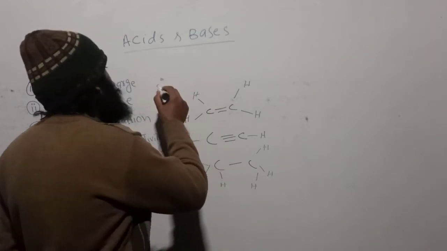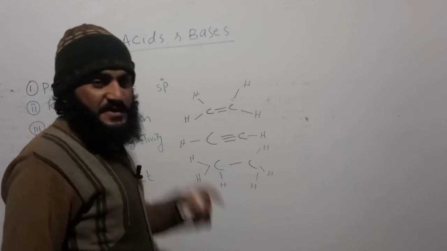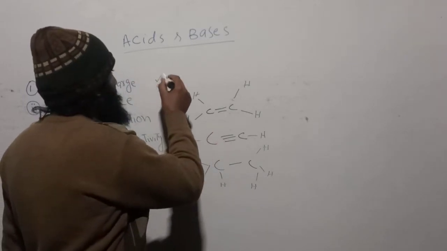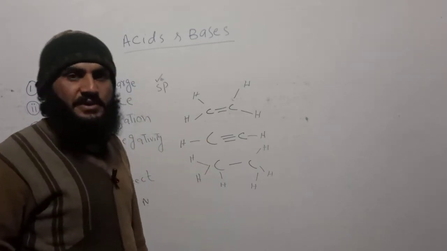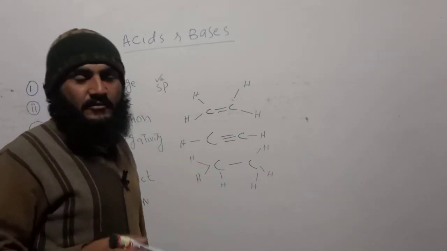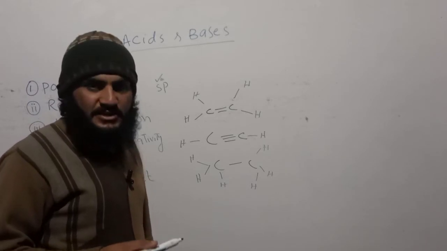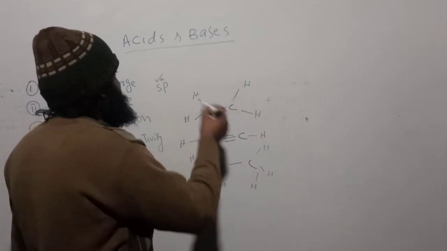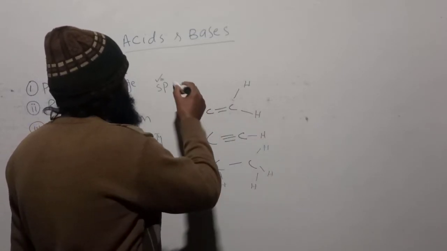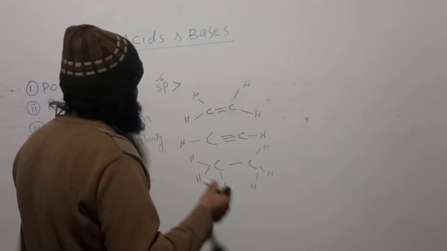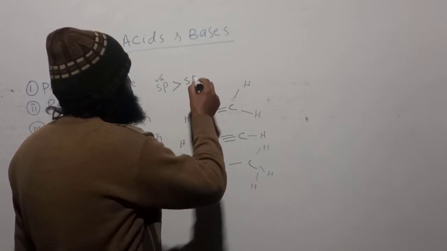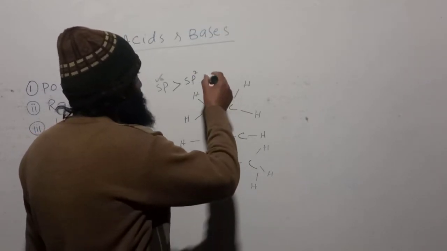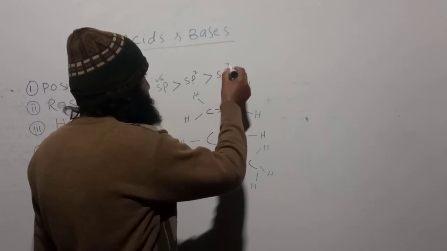has sp hybridization, in sp hybridization the s character is greater, about 50% character of the s orbital. So the higher the s character, the higher the electronegativity. It means sp hybridization has more electronegativity as compared to sp2, which has more electronegativity than sp3.